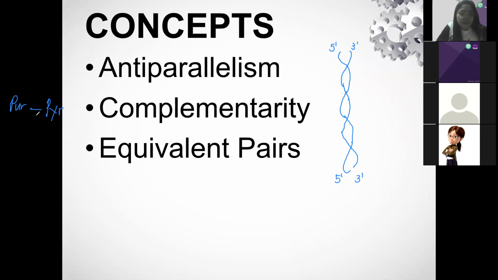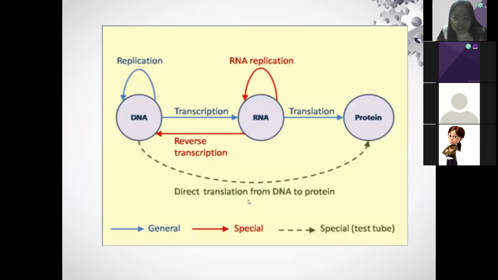Meaning, since purine and pyrimidine yung mag-partner, if we have 5 purines in a single strand, you will always have 5 pyrimidines also. Kasi nga partner sila. So pantay, 5, 5. Okay? Questions or clarifications about the concepts that we follow for our DNA?